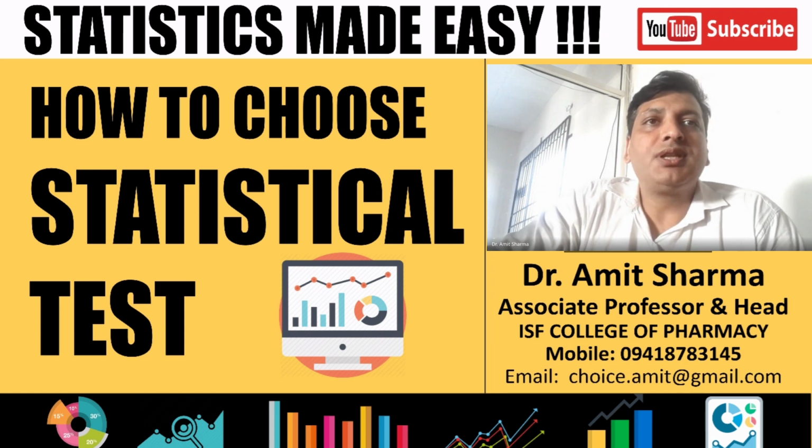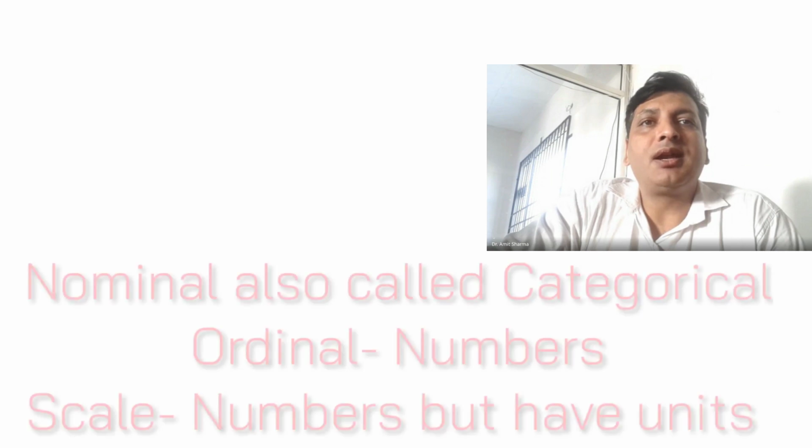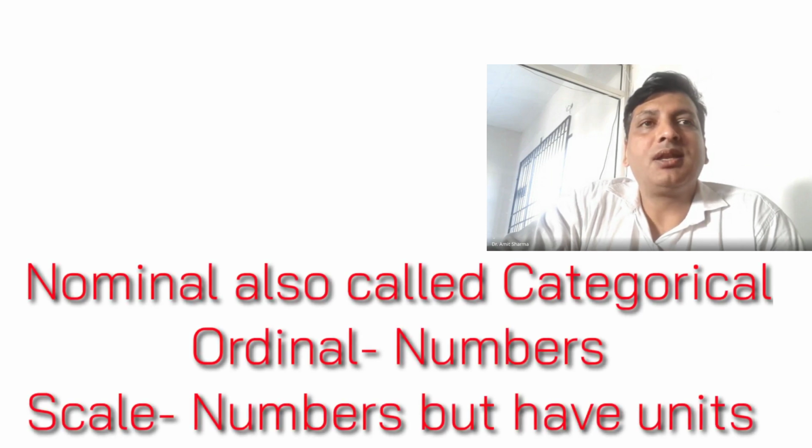Before choosing the statistical test, we have to see what type the data generated through our research belongs to, like whether the data is categorical or numerical. Data gathered during laboratory research is classified into three different types.